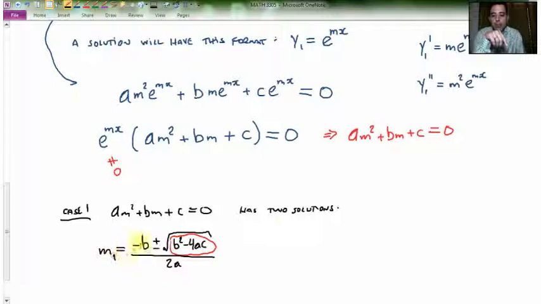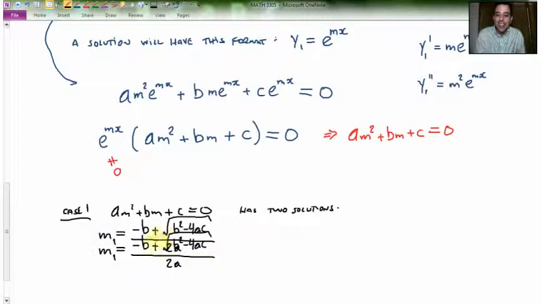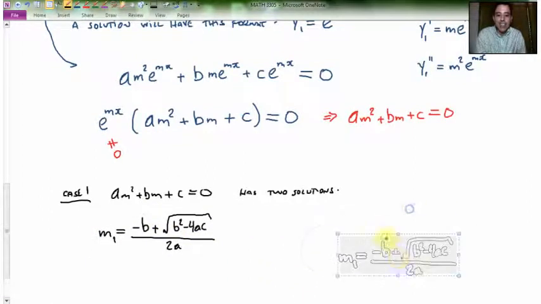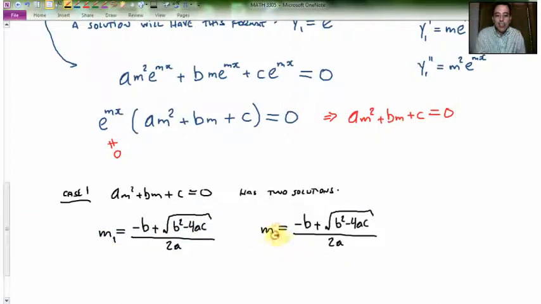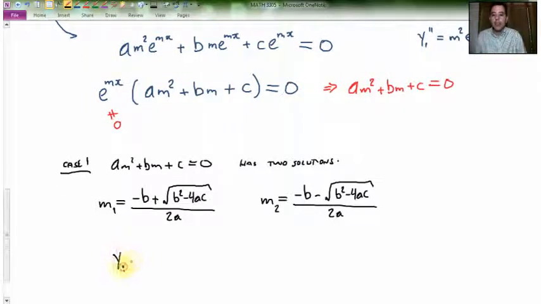Well, we can say m1. I'll write the whole thing there. So this would be the second solution. One solution is m1, the other is m2. And then the solutions for the original ODE would be e^(m1 x), and another solution would be e^(m2 x). Okay.